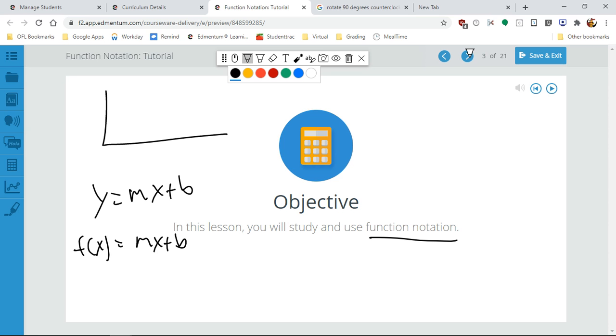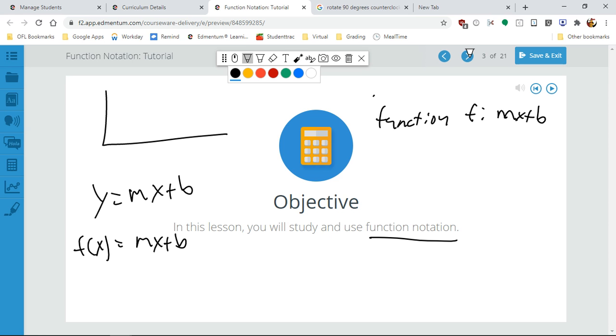The reason why this is different is this is saying that we have a function. If you ever want to get into computer programming, which goes a lot into video game programming, we have this function and we're going to call it f. And we're going to say what f is. So in this case, f is mx plus b.